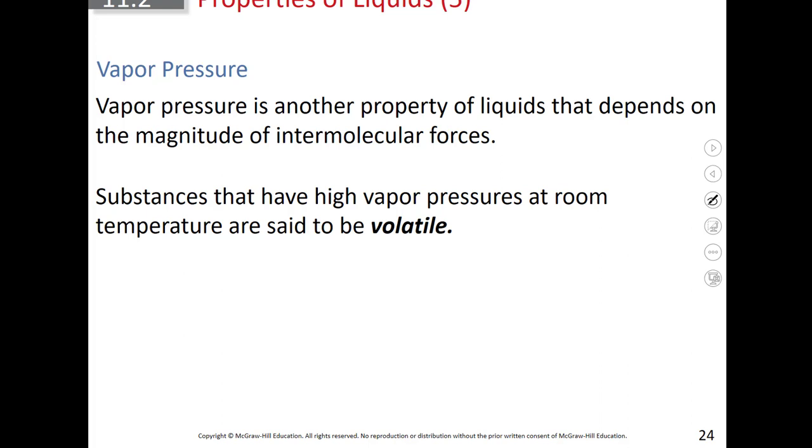When we were doing this in chapter 10, we had a table of vapor pressures compared to the temperatures. And as the temperature increased, the vapor pressure increased all the way up to the point where the vapor pressure at the boiling point was equal to atmospheric pressure, or the pressure of the room. And we had this example of places where you have lower atmospheric pressure, such as the top of a high mountain.